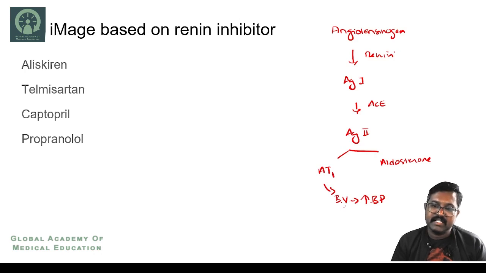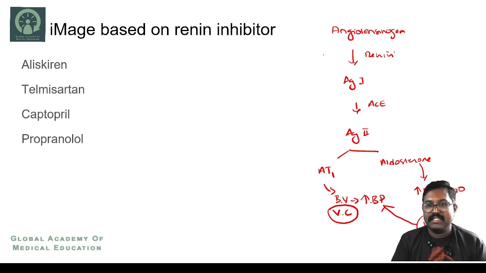So this will act on the blood vessel to cause an increase in blood pressure. Why is there an increase in blood pressure? Due to vasoconstriction. Again, this aldosterone will retain sodium and water, and this will lead to an increase in blood pressure. So if they ask about this site, then the answer will be the direct renin inhibitor, aliskiren.